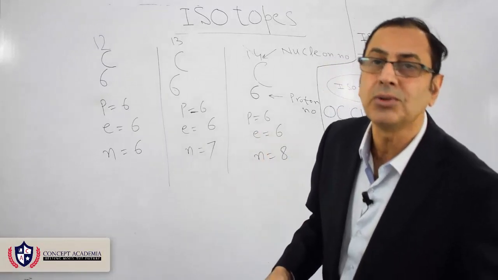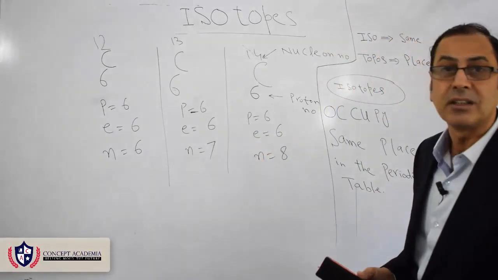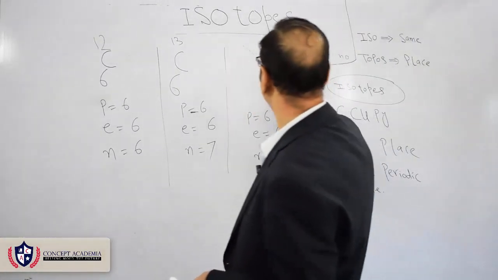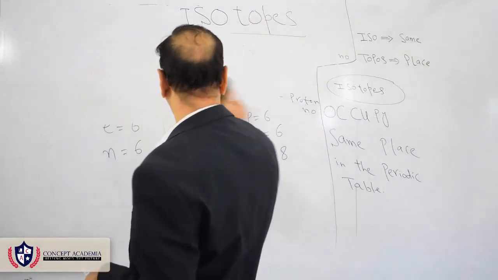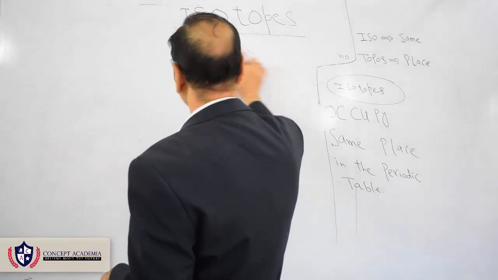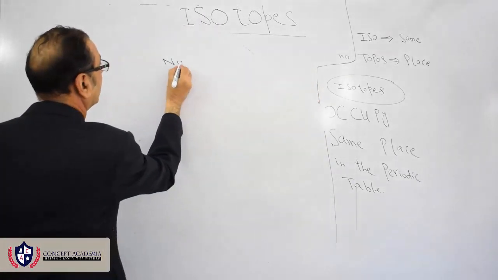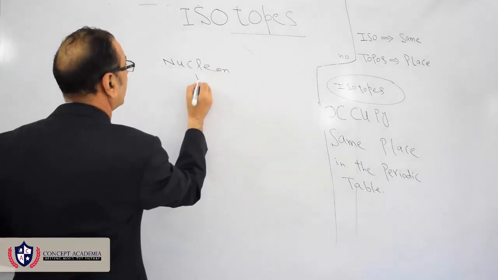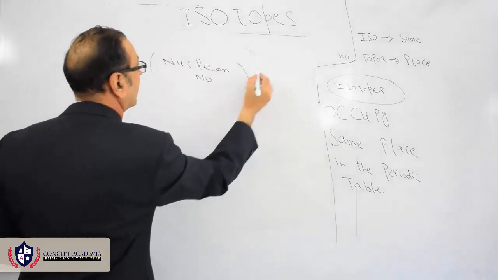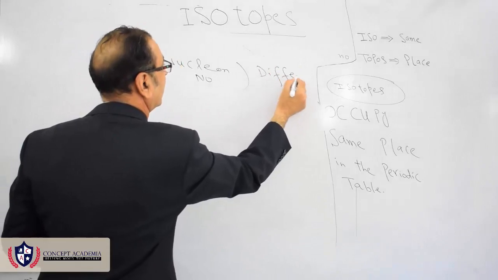So I like to give you further explanation that in isotopes, the nucleon numbers are different.